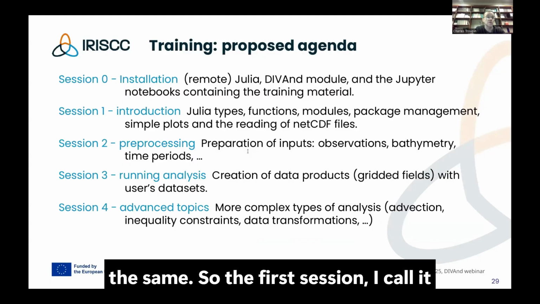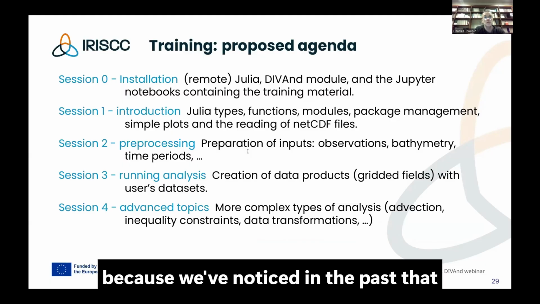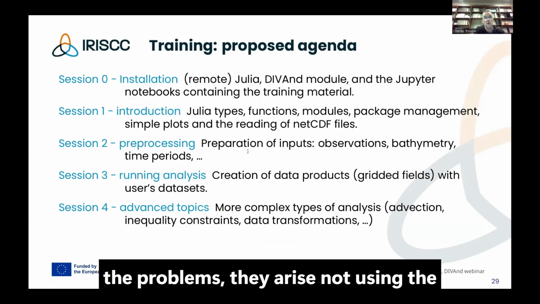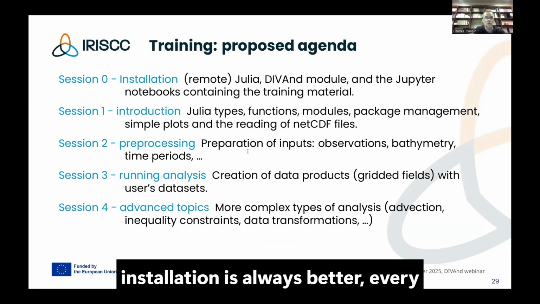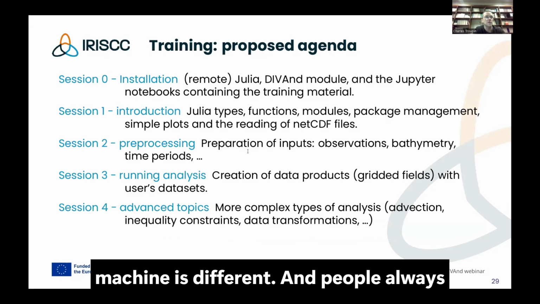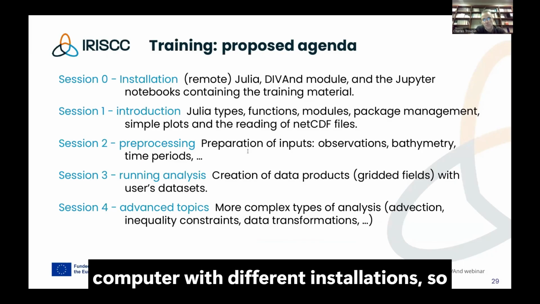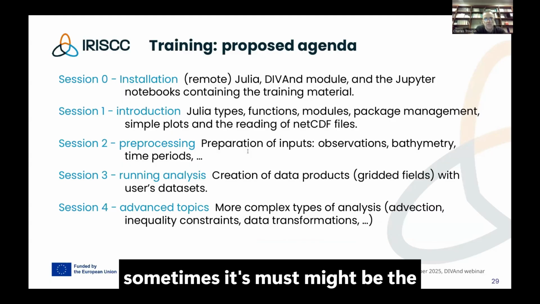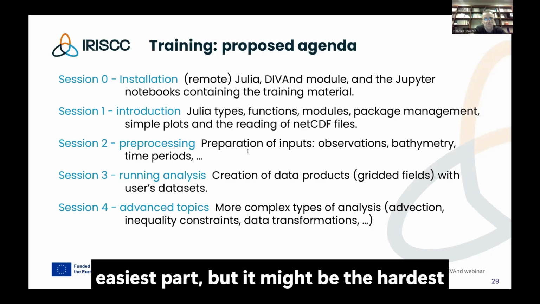What we would do in the training session, that's the proposed agenda. The first session, I call it session 0, it's about installation, because we've noticed in the past that the problems arise not using the code, but installing. Even if the installation is always better, every machine is different, and people sometimes come with old computers with different installations. So it might be the easiest part, but it might be the hardest part of it.